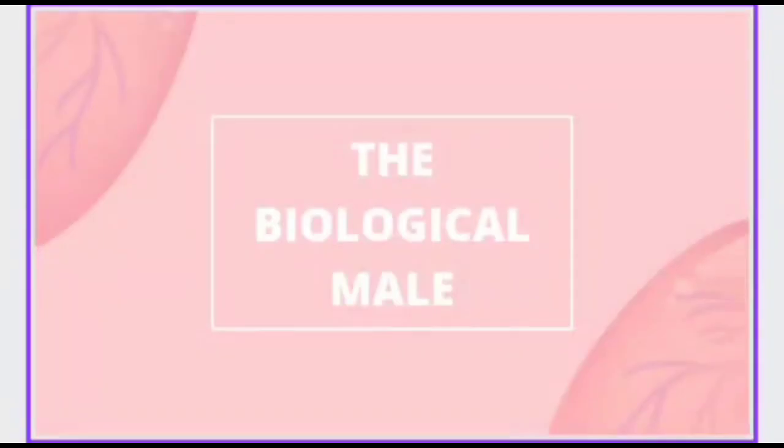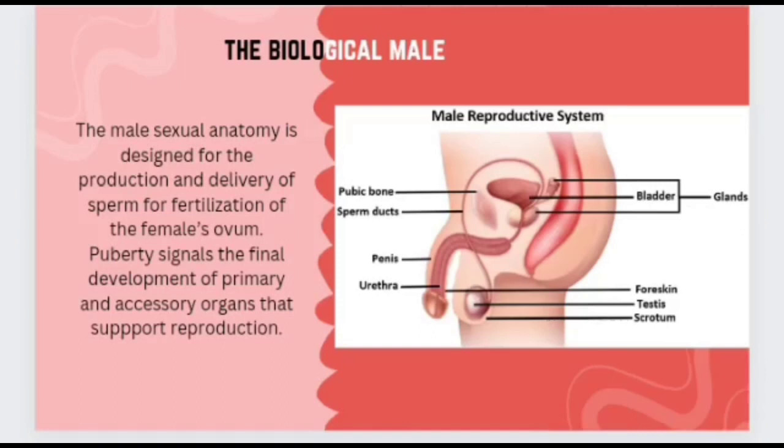The biological male. The male sexual anatomy is designed for the production and delivery of sperm for fertilization of the female's ovum. Puberty signals the final development of primary and accessory organs that support reproduction.